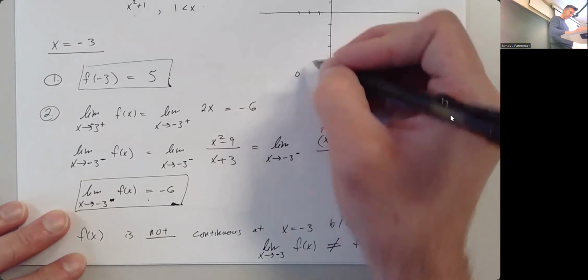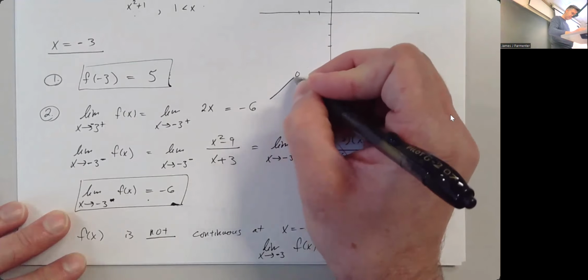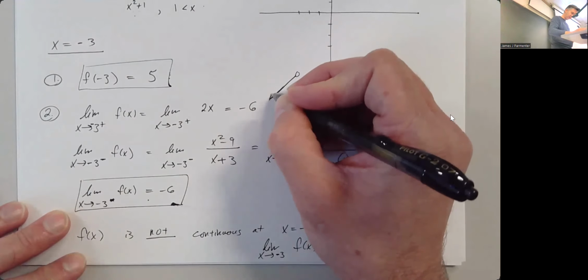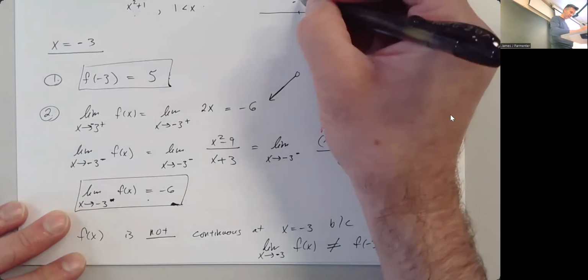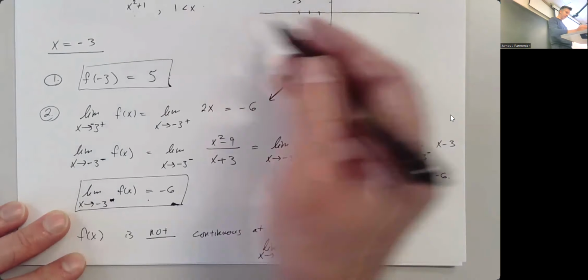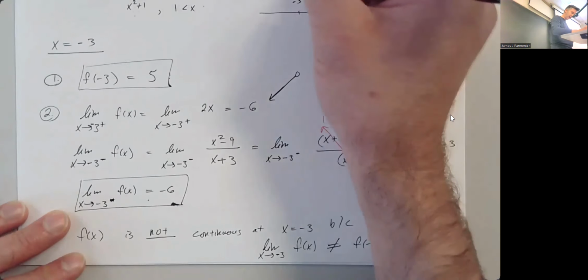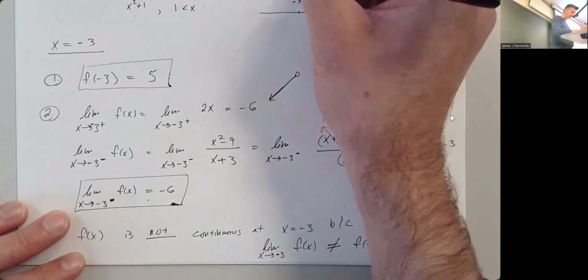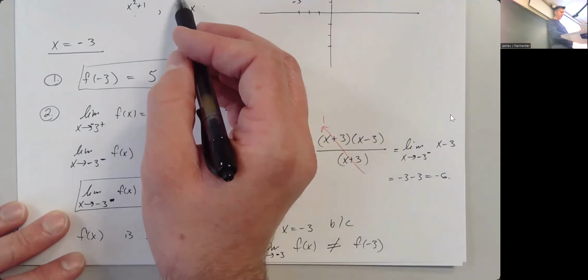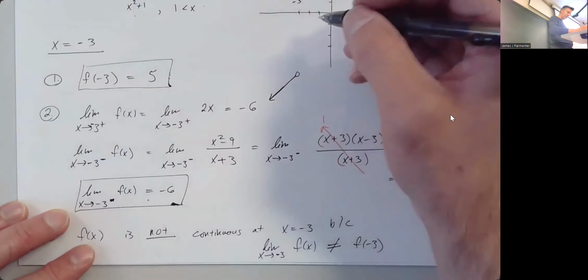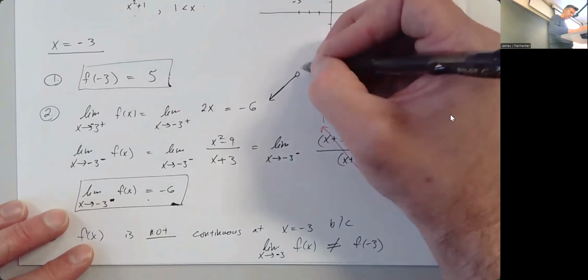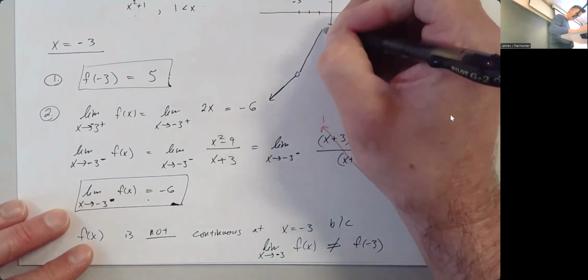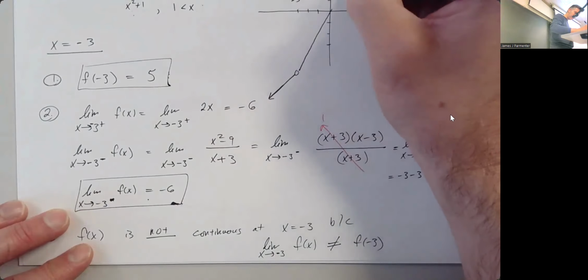It kind of looks like this. There's the piece of my graph that is left of -3. And then when x is equal to -3, the y value is 5. And then when x is to the right of -3, the graph looks like 2x. So it's got a slope of 2 now. So it's going to go something like that, all the way up until 1.